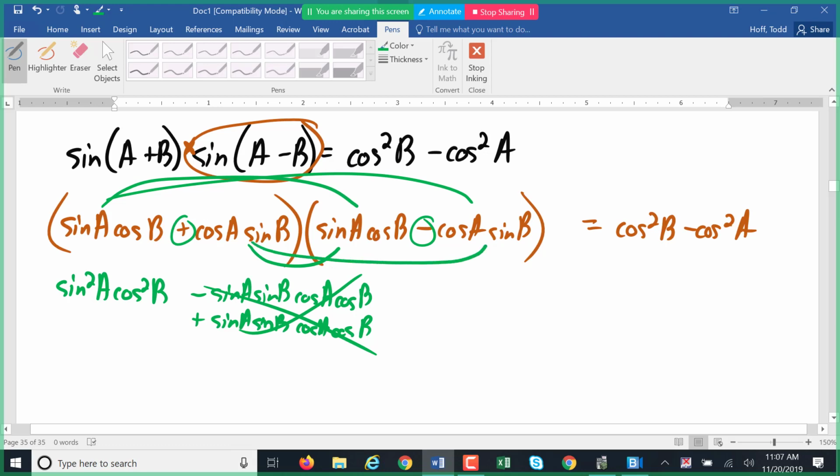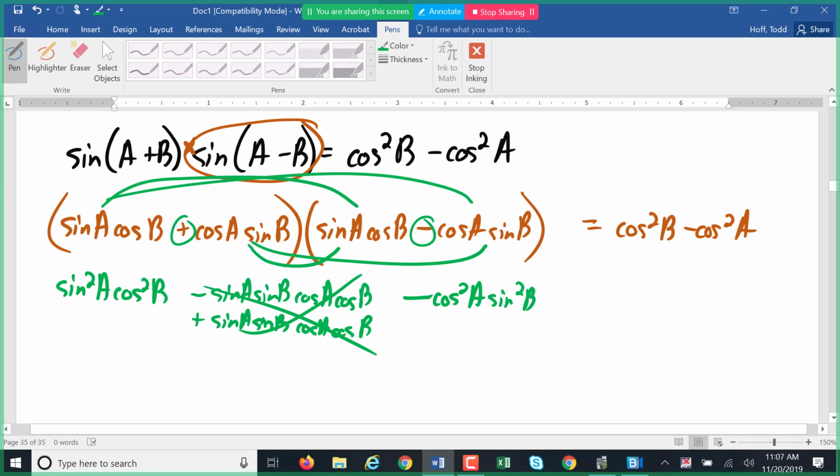Then on the last terms, cosine a sine b times negative cosine a sine b, that's a negative cosine squared a and sine squared b.